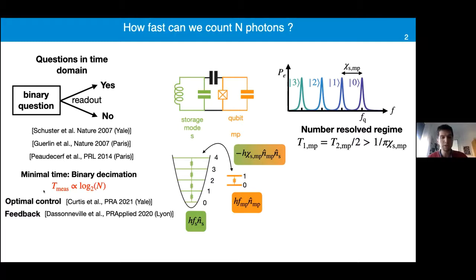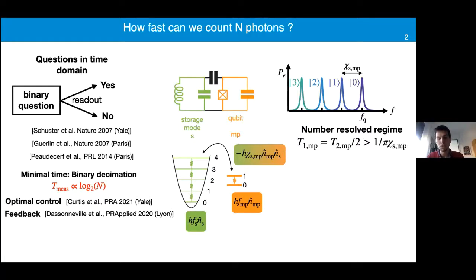It was recently implemented using optimal control or feedback, and it gives a measurement time which scales as the logarithm of the maximum photon number in the storage mode. So the question I will ask for the rest of my talk is: is it possible to improve the scaling? Is it possible to reach a measurement time independent of the maximum photon number n?